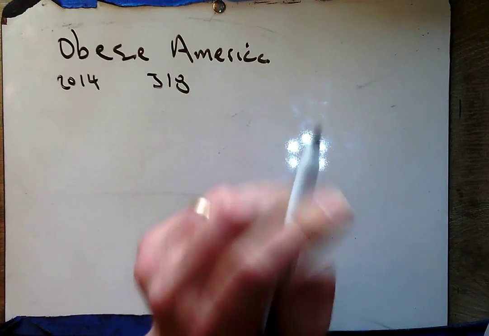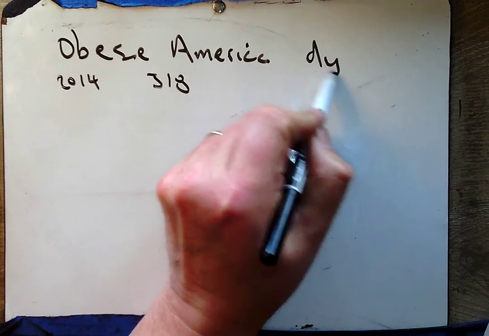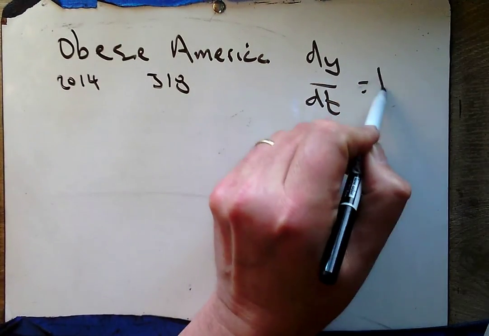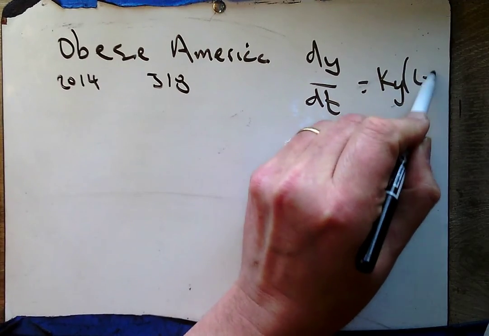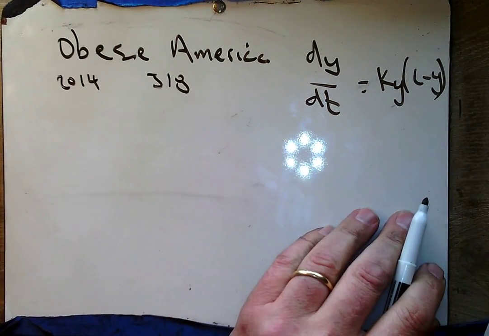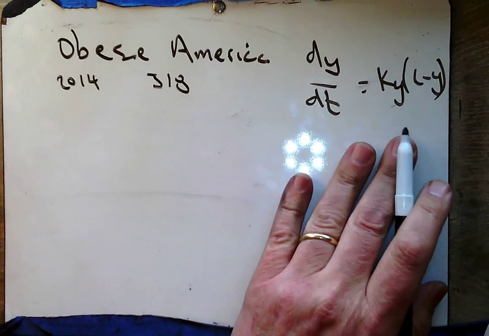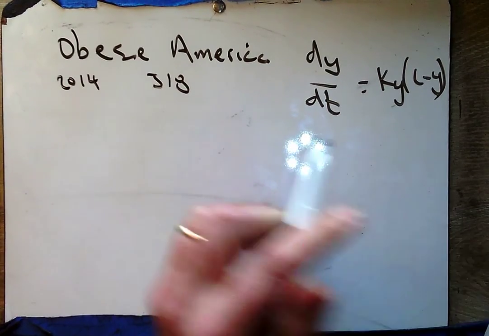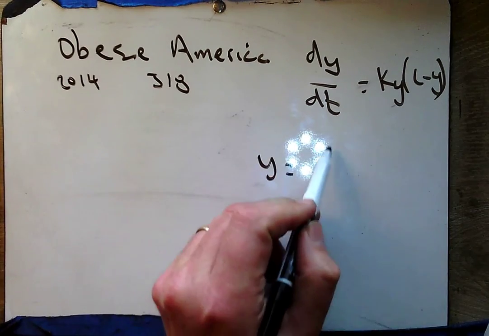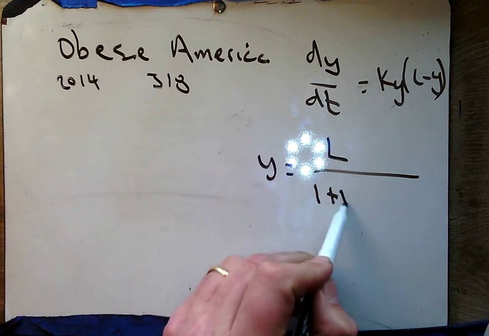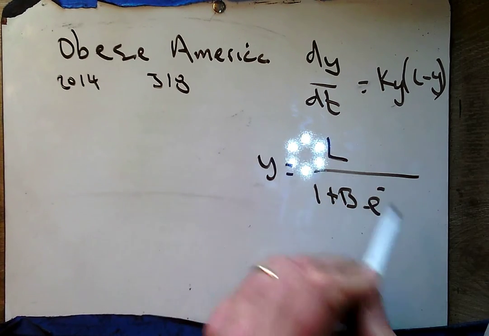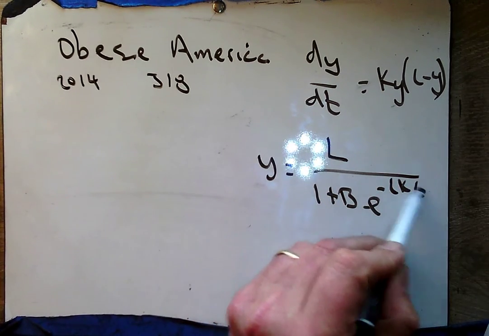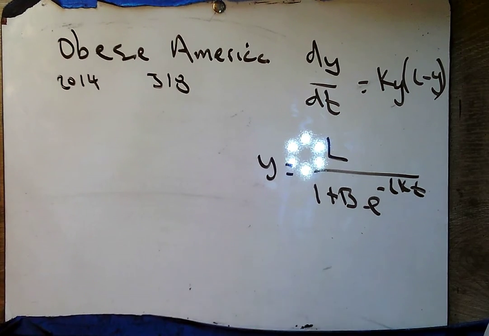Okay. We're going to be using dy/dt = ky(L - 1). Now, we've solved this, and we know that y = L / (1 + b e^(-Lkt)). Okay? So, let's now use this model.